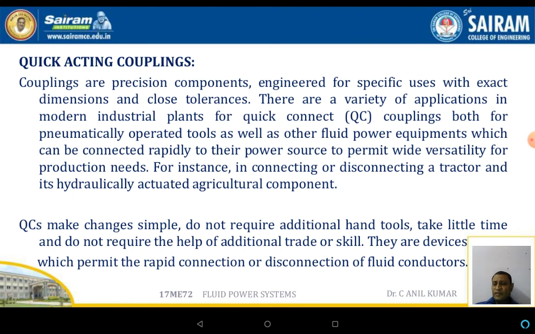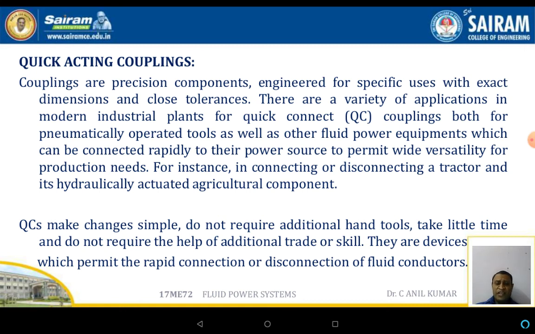Quick acting coupling. Quick acting coupling is another precision component engineered for a specific use with exact dimensions or close tolerance. These couplings allow both pneumatically operated tools and other fluid equipment to be connected rapidly to their power source and permit a wide variety of production needs.